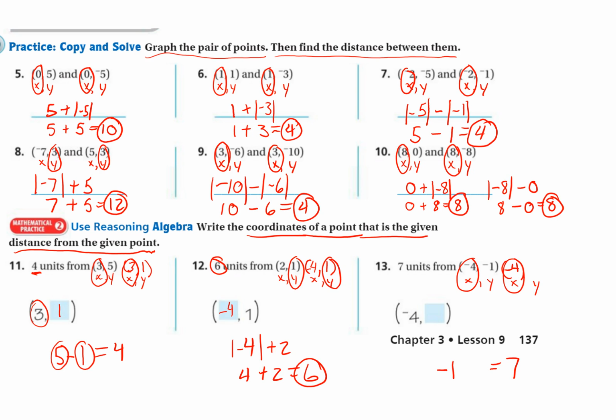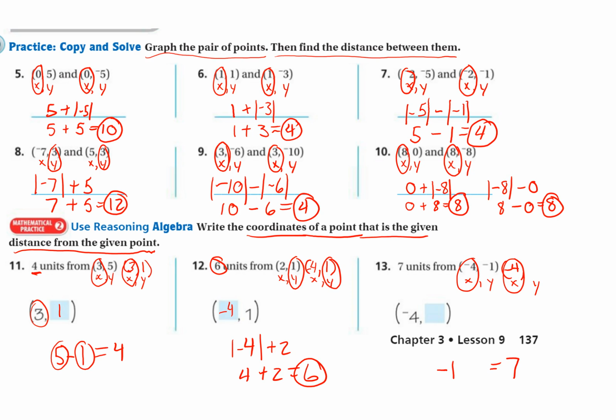Okay, so I'm going to need to add. Whenever we add, we have a negative and a positive. See, we add, the y was positive and negative. The only time we subtract is when both numbers we're looking at are negative.